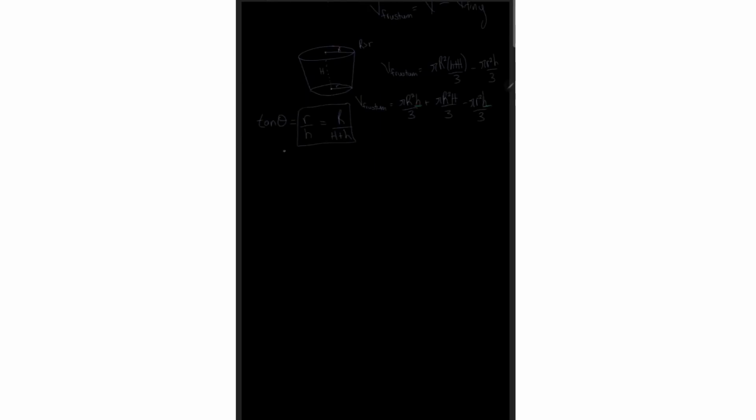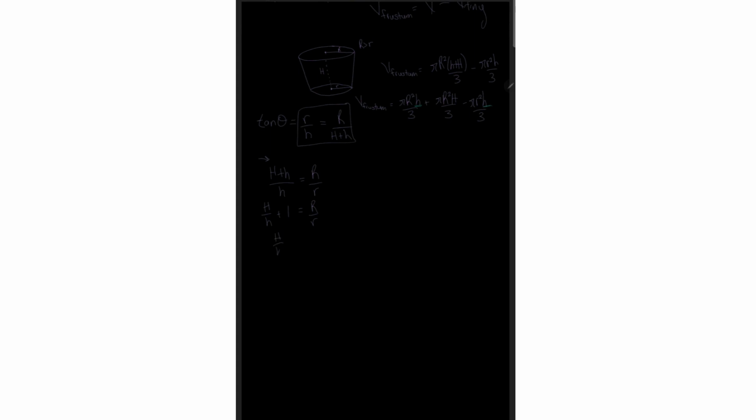So using our tan theta equations, let's solve for little h. Let's do some rearranging. So I'm going to multiply and divide by some things on each side. First, let's multiply by big H plus little h on both sides and divide by little r. So we're going to get (big H plus little h) over little h equals big R over little r. I can split this up into big H over little h plus 1 equals big R over little r.